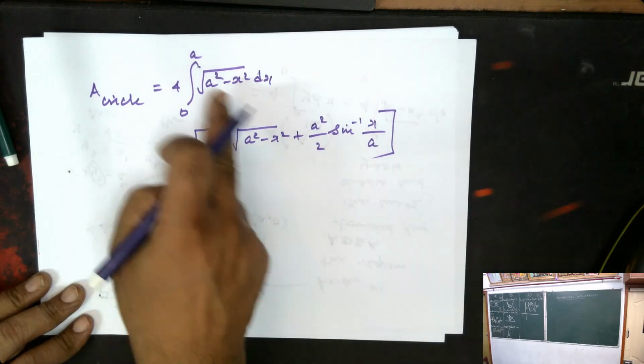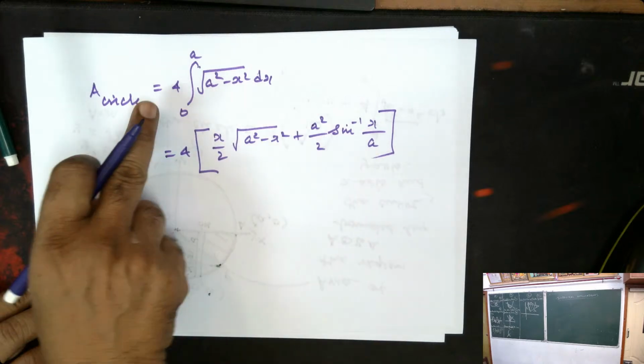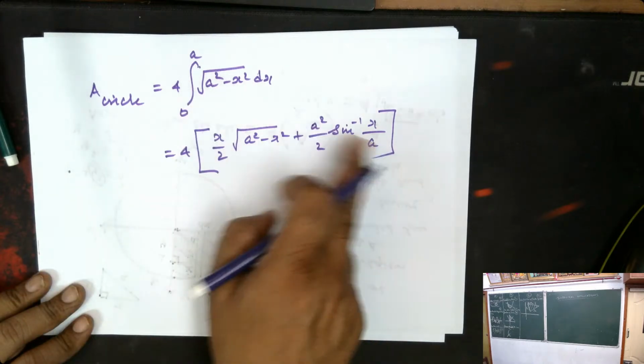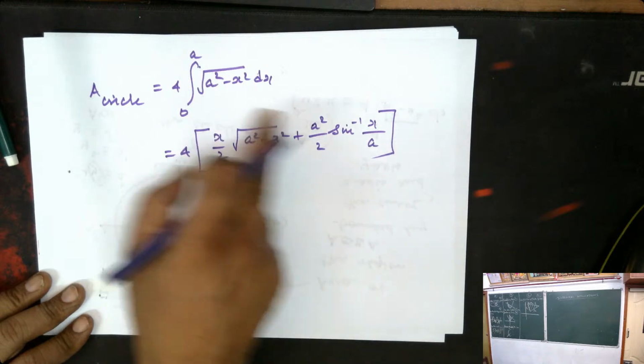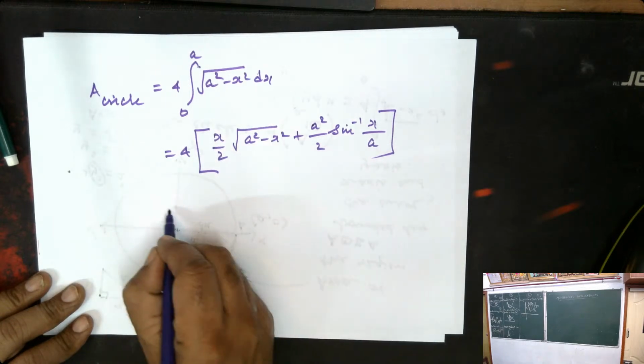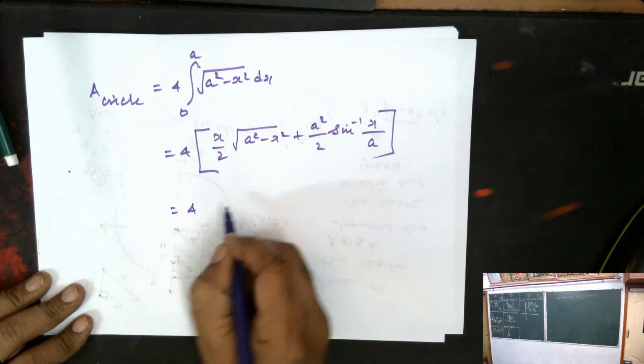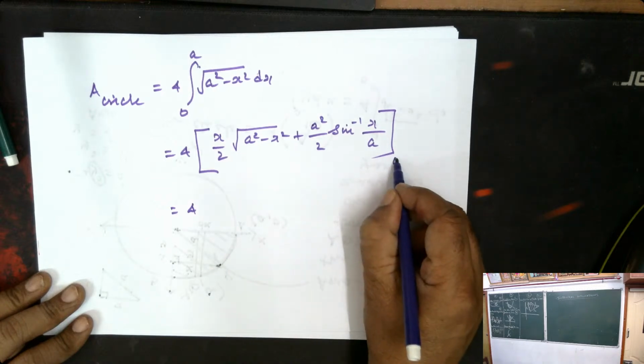So either you have to remember this formula, otherwise you have to work out the entire integration. I will tell you later about this. Now 4 into, this is between the limits 0 and a.